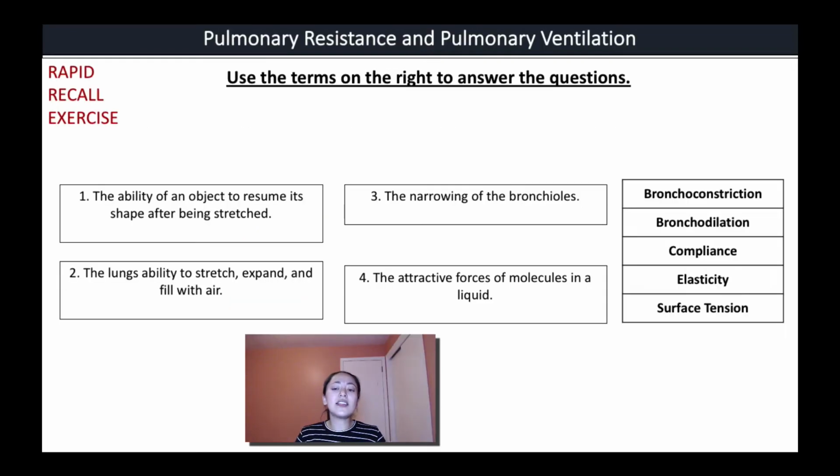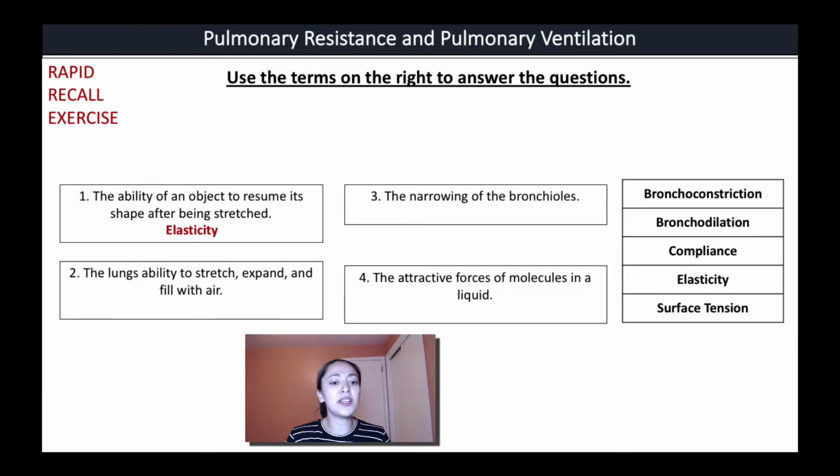All right, let's see if you understand these terms that are associated with pulmonary resistance. So match the term with the correct description. The ability of an object to resume its shape after being stretched. So after it's stretched, its ability to regain its shape, that would be elasticity.